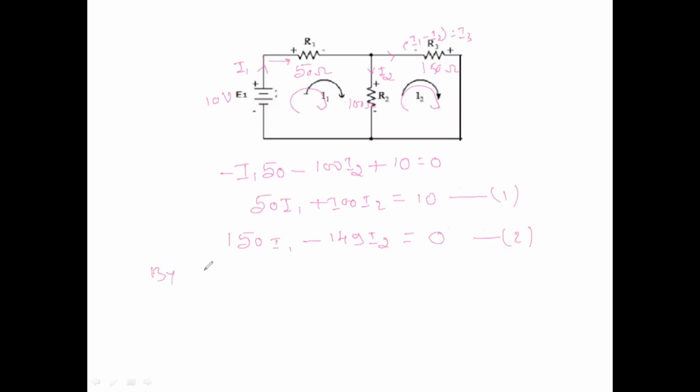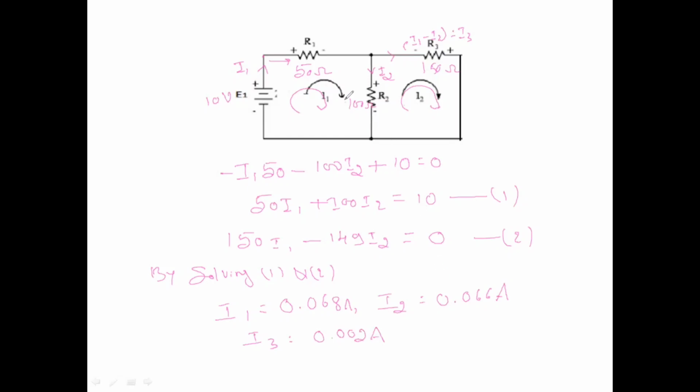And by solving equations 1 and 2, we'll get current I1 as 0.068, and I2 is 0.066 amperes, and I3 is 0.002 amperes.